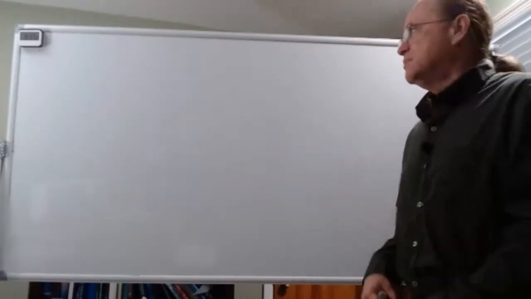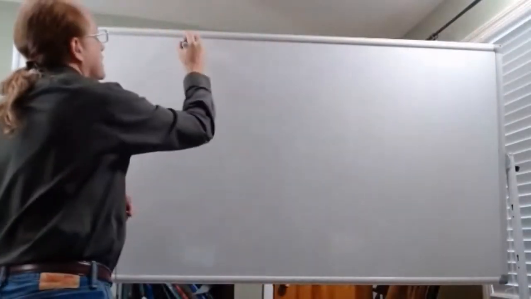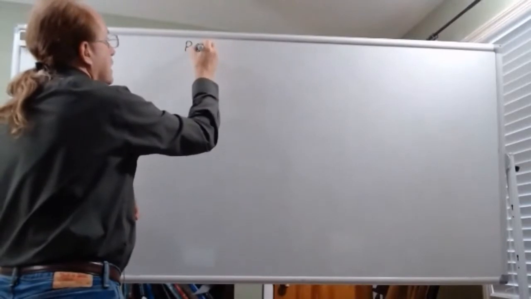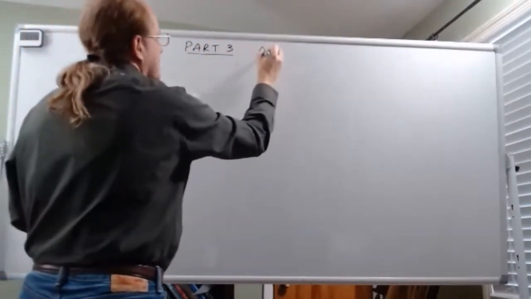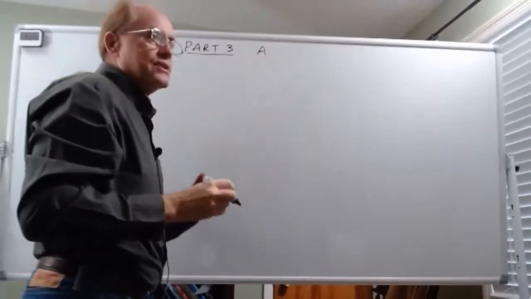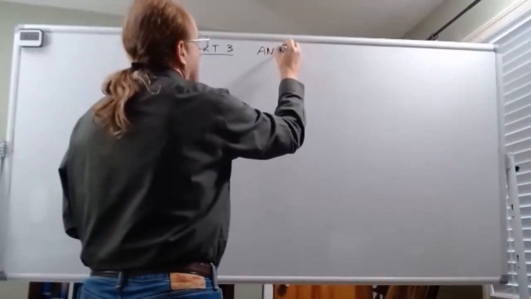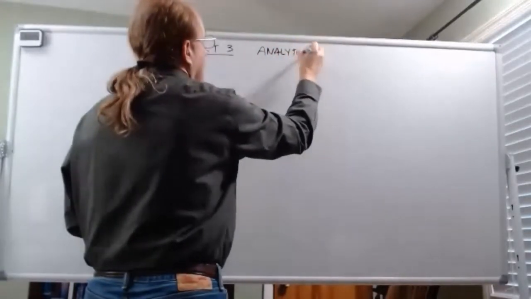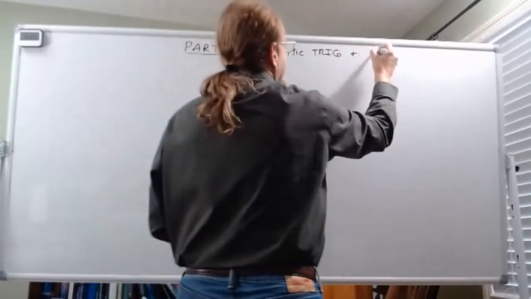Well, another equally important section is going to be our part 3, and this is all about using trigonometry and exponentiation to analyze things. So it's analytic trig and exponentiation.